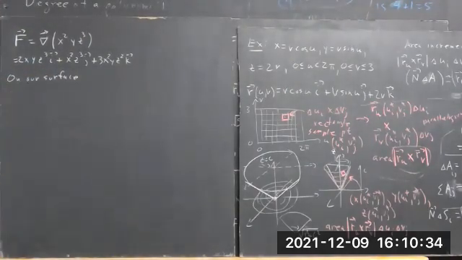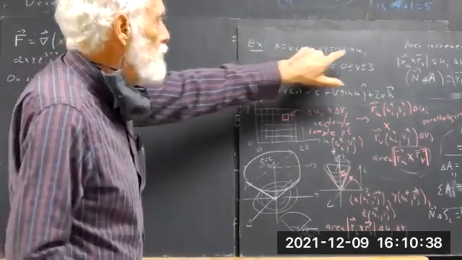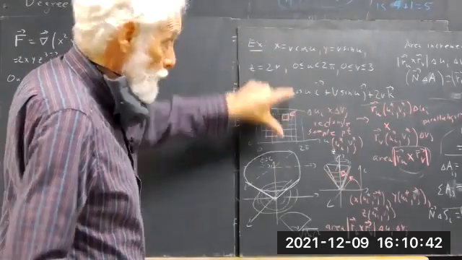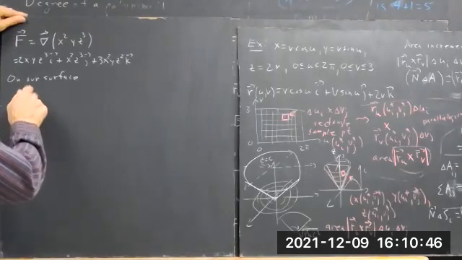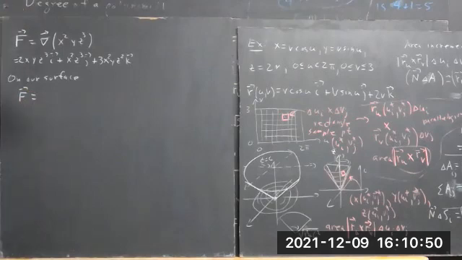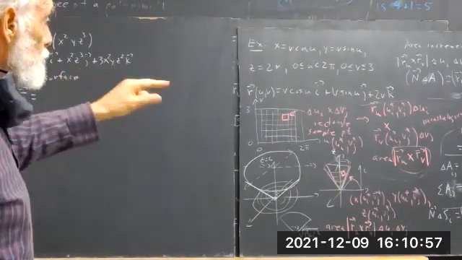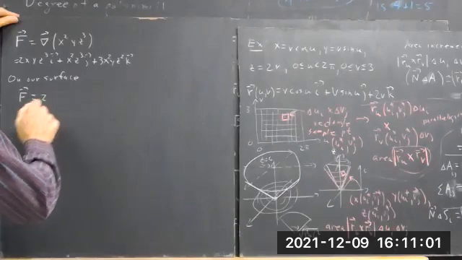Okay, on our surface, x is u cosine v, y is u sine v, z is 2v, because we're still on this conical surface. F equals what? Well, it's 2xy z cubed. Each x and y gives us a v squared, so we're going to get a 2v squared.